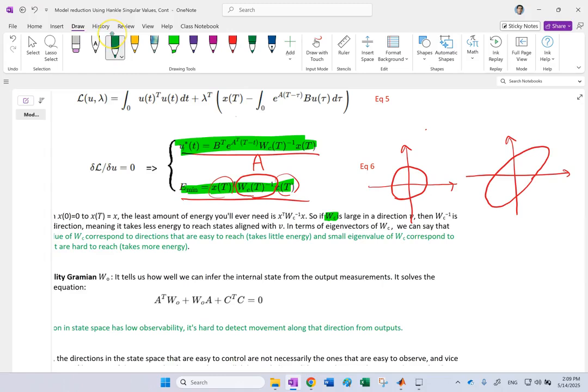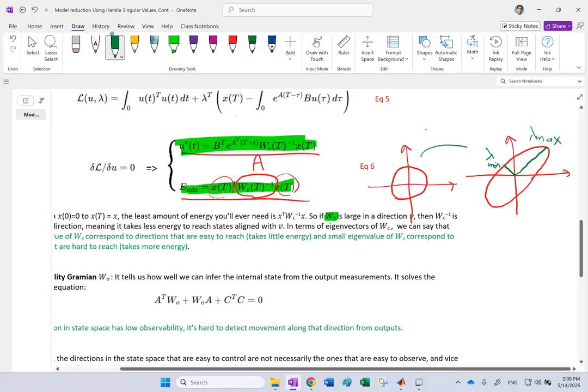And this ellipse has a semi-minor diameter and a semi-major diameter. And these correspond to the lambda. So lambda min and lambda max of what? Of the A matrix. Because this is what you did. Okay?